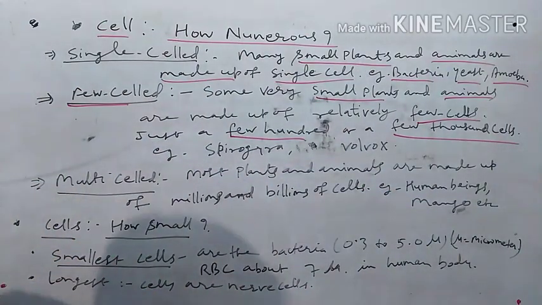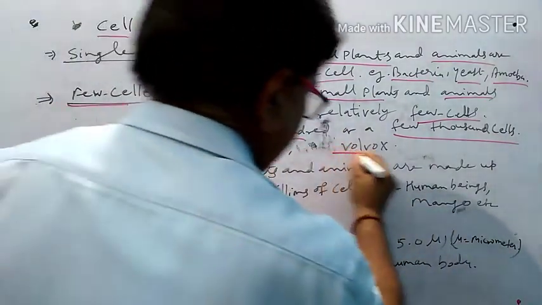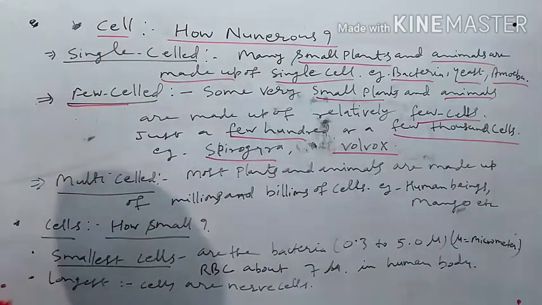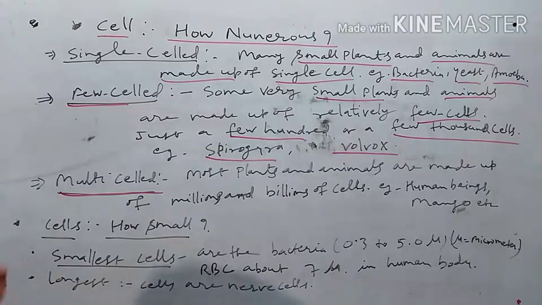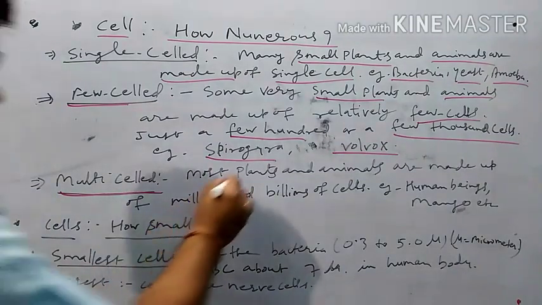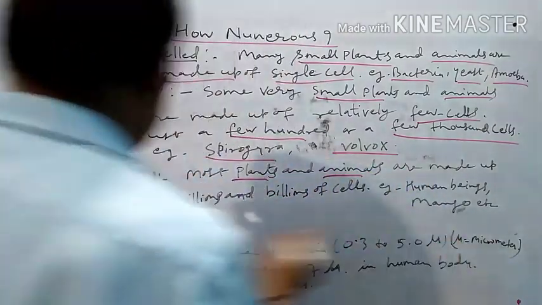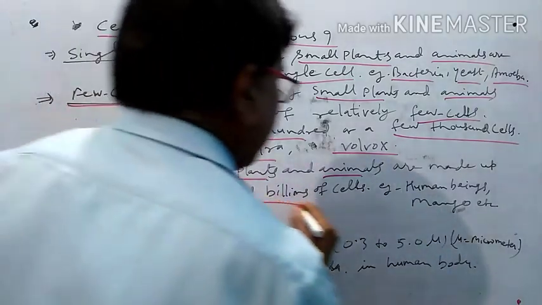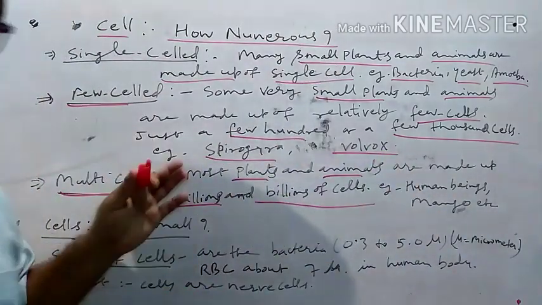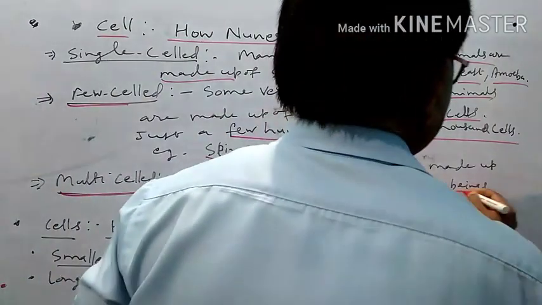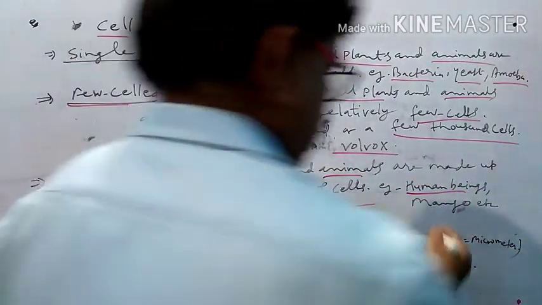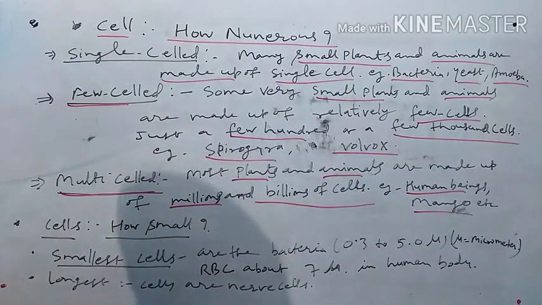For example, Spirogyra and Volvox. Number 3, multicellular: most plants and animals are made up of millions and billions of cells. For example, human beings or Homo sapiens, mango plant, etc.